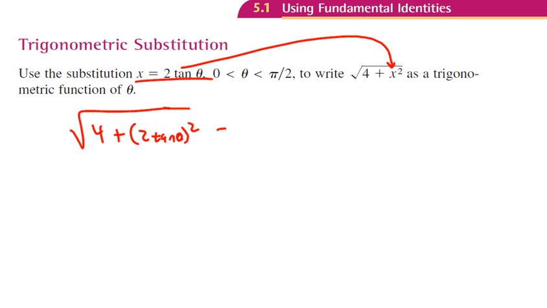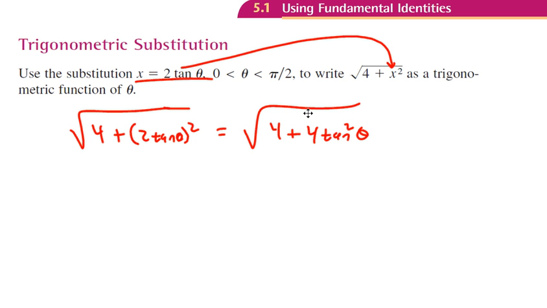If I get rid of the parentheses by squaring, I'll have 4 plus 2 squared is 4, and then tangent squared gives us tangent squared theta. This can actually be simplified even more, and check out this cool trickiness here.